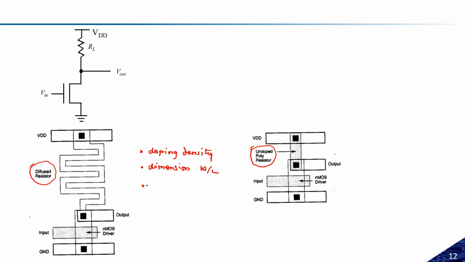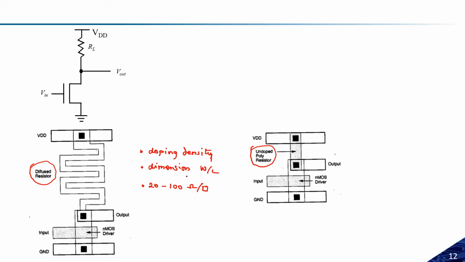And the important thing is, if I have the diffused kind of resistance, the practical value of resistance which we can design is from 20 to 100 ohm per square area. To increase the resistance, a long diffused resistance is needed.